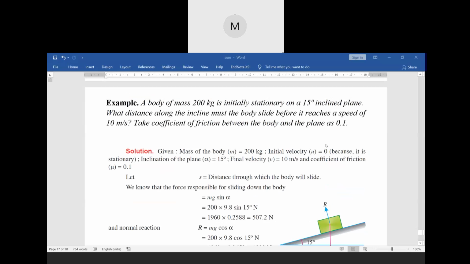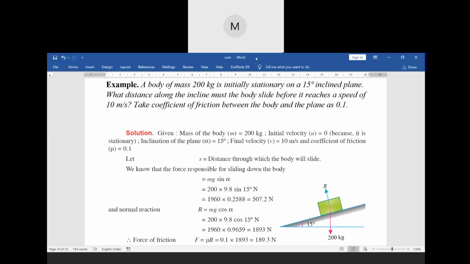If you see from the figure, the initial velocity is 0, because the body is at rest initially. The inclination of the plane alpha is 15 degrees. The final velocity is 10 meter per second and the coefficient of friction is 0.1.